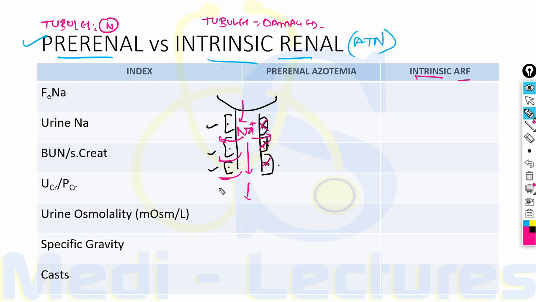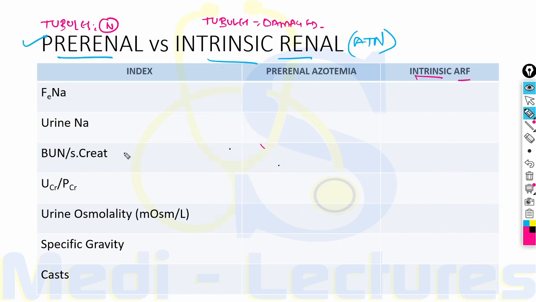Also, since the tubules are functional in pre-renal, there will be slight tubular secretion of creatinine. Tubular secretion of creatinine will occur in cases of pre-renal, but there will be no tubular secretion of creatinine in cases of intrinsic ARF due to ATN.